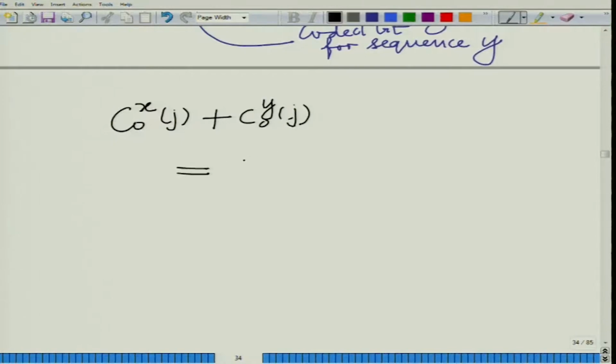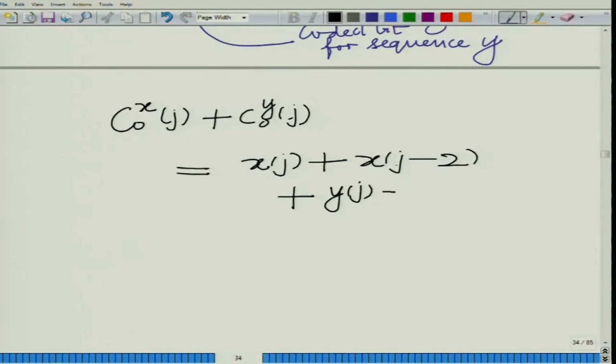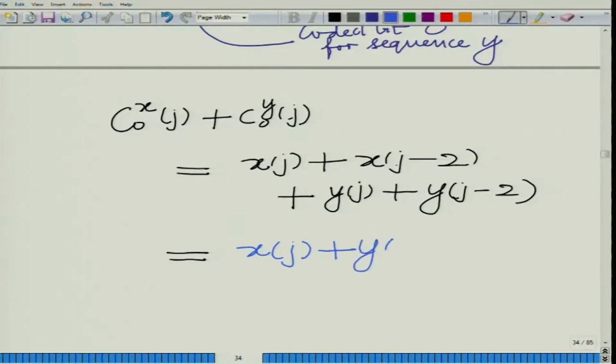That will be xj plus xj minus 2 plus yj plus yj minus 2, which is equal to, using commutativity and associativity, you can prove that xj plus yj plus xj minus 2 plus yj minus 2.